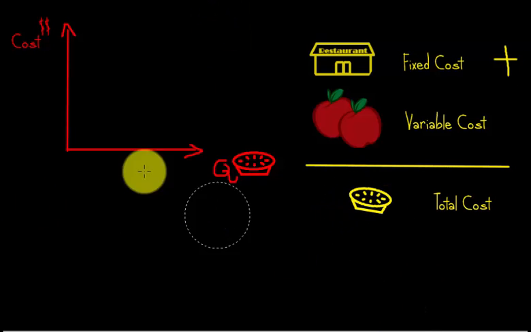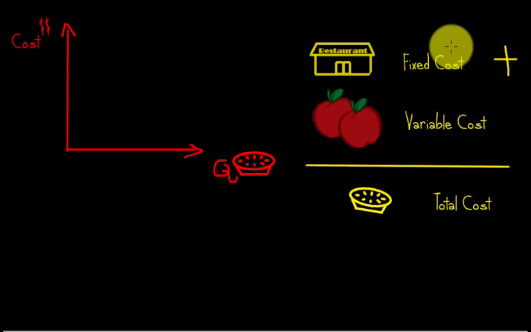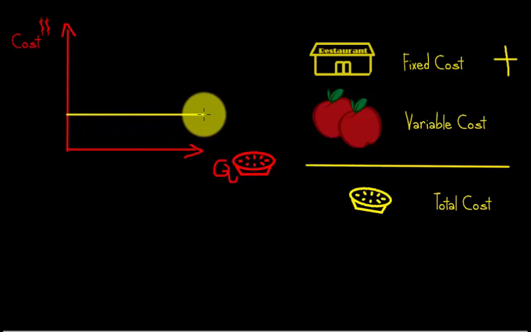the apple pie. So if we want to graph the fixed cost, if we increase the number of apple pies, the cost of having a restaurant is not going to increase for a certain time. But if we increase the number of apple pies, the variable cost, or number of apples that we are going to need, is going to increase. But it starts from zero, because if we need no apple pie, we are not going to need any apple.